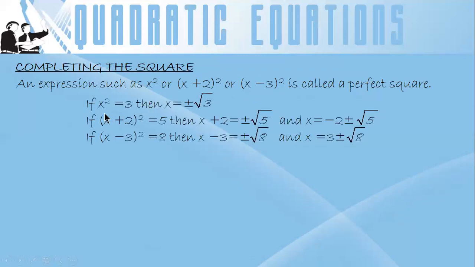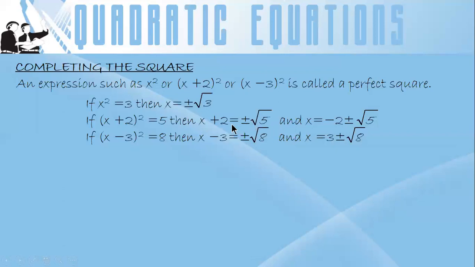One advantage of a perfect square: if x squared equals 3, then x is equal to plus or minus square root of 3. Same with this one: x plus 2 squared equals 5, then x plus 2 equals plus or minus square root of 5.